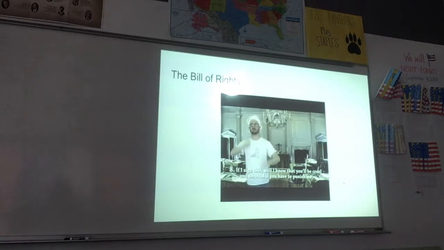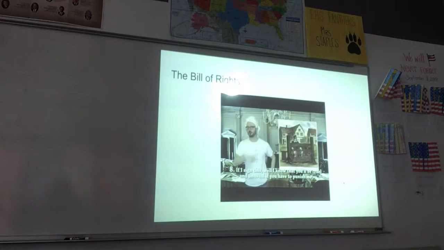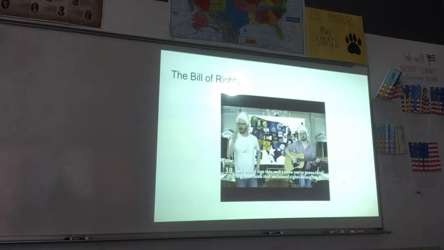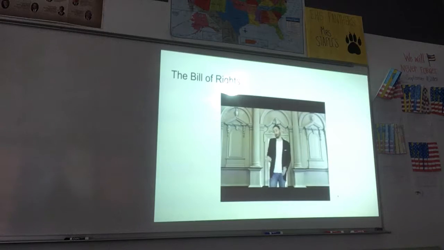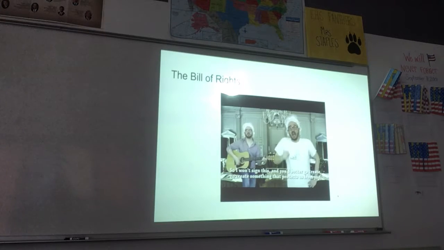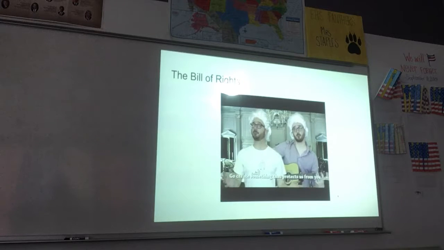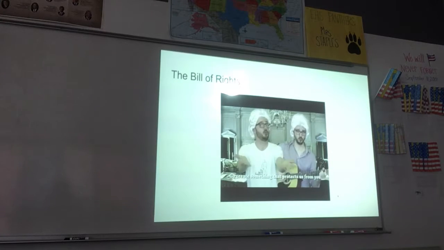Well, if I sign this, well, I know that you'll be cruel and unusual if you have to punish me. And if I sign this, well, I know you're gonna say you've listed all my liberties. And when I sign this, well, I know you're gonna think that those same rights belong to you. So I won't sign this, and you better go create something that protects us from you.